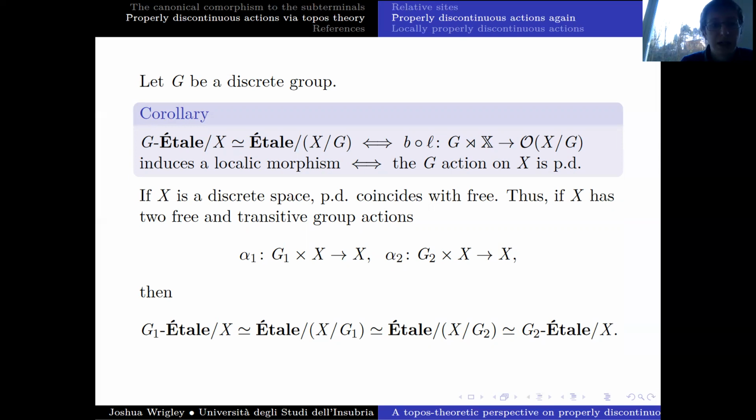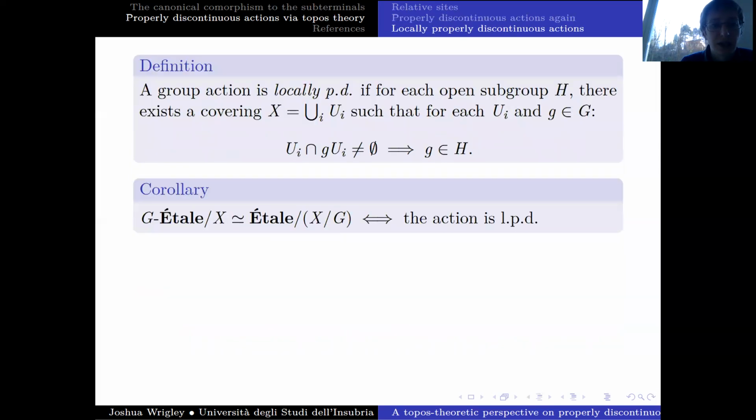And then finally, to wrap up, we also look at the case where G is a topological group, so not necessarily discrete. And when we perform the same computation, it just becomes slightly more complicated again. We end up with the characterization being that the group action is locally properly discontinuous.